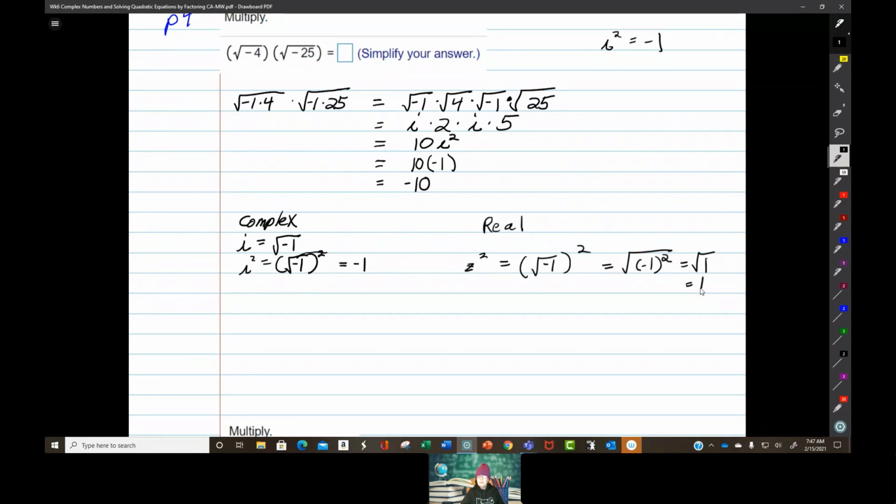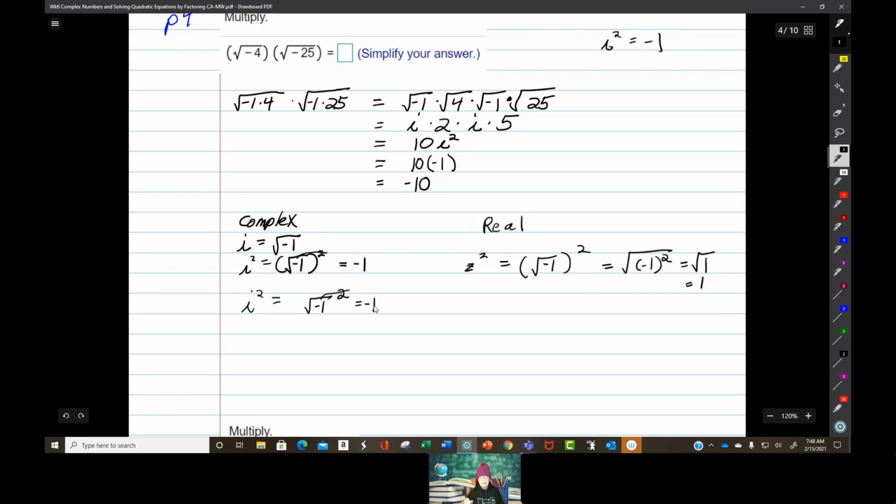But we're not in Kansas anymore, to quote the Wizard of Oz. We're in the complex number system, and in the complex number system, i squared is going to equal the square root of -1 squared, and that is going to cancel each other out, leaving you with -1.